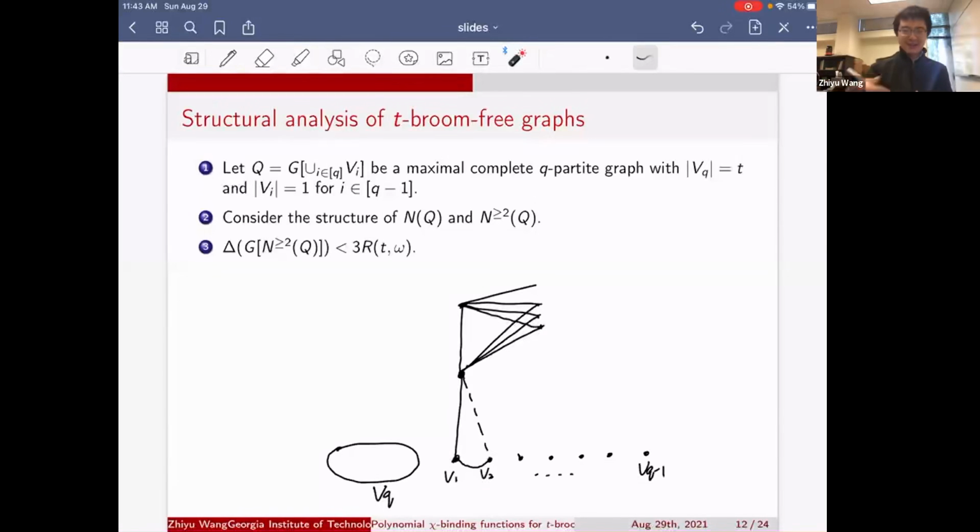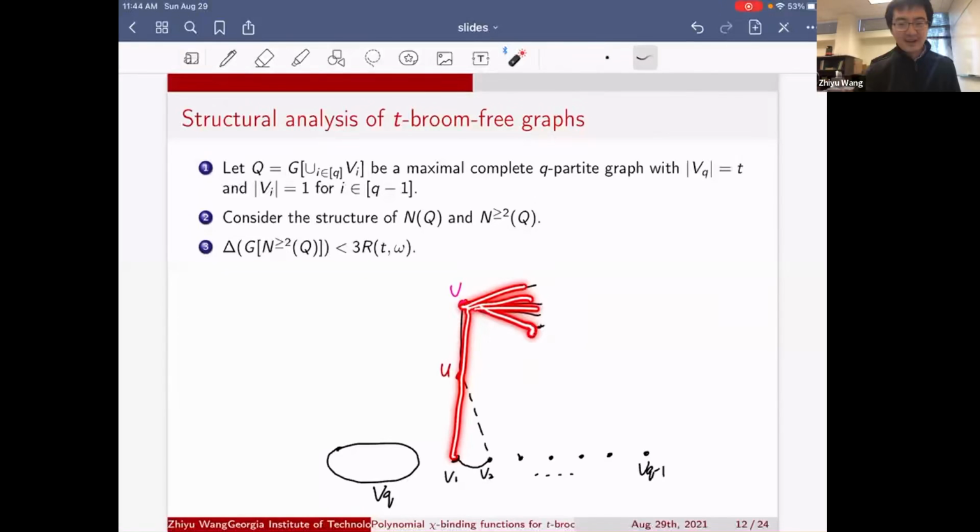Let's look at the second neighborhood and beyond, and it's easy to bound that. We claim that the maximum degree of the second neighborhood and beyond is bounded by some Ramsey number, which is polynomial. Suppose some vertex v in the second neighborhood has a large neighborhood in the second neighborhood or beyond. Then look at this vertex u. If u has very few neighbors in here, then we can get a t-broom by looking at this structure.